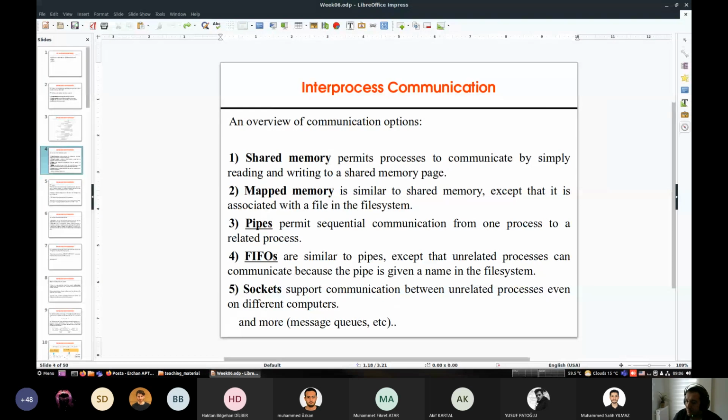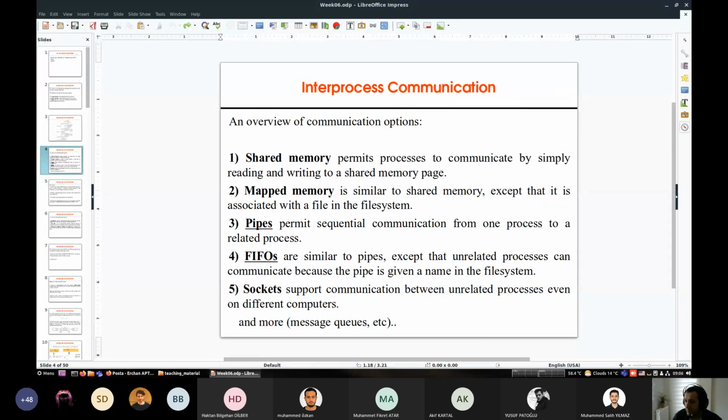FIFOs, on the other hand, are very similar to pipes, except that even unrelated processes can communicate using them. So pipes and FIFOs are very similar. The only difference: pipes can be set up between related processes, FIFOs even between unrelated processes.